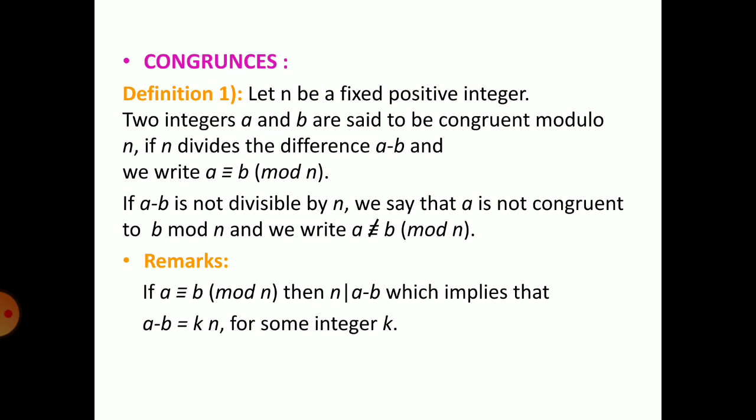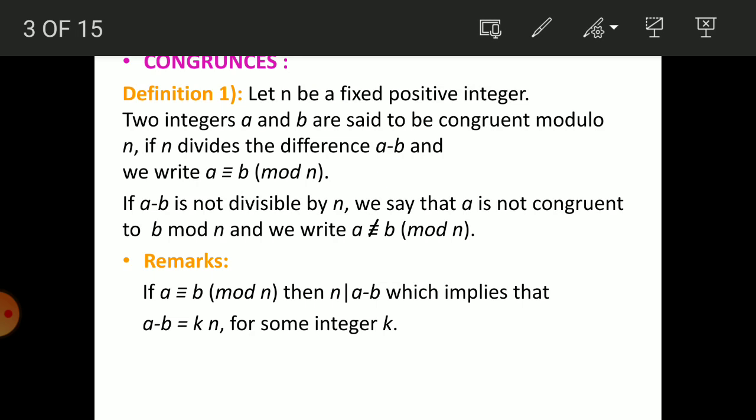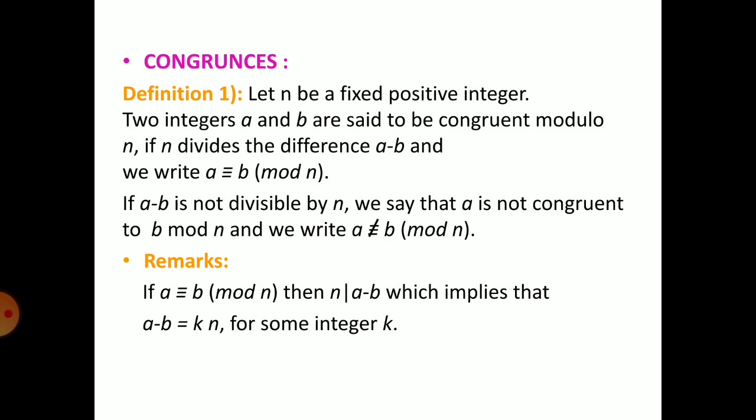Now, definition of congruences. Let n be a fixed positive integer. Two integers a and b are said to be congruent modulo n if n divides the difference a minus b, and we write a is congruent to b mod n.